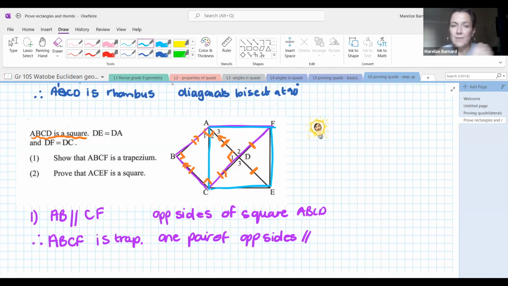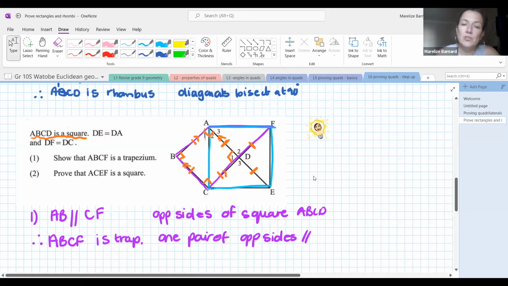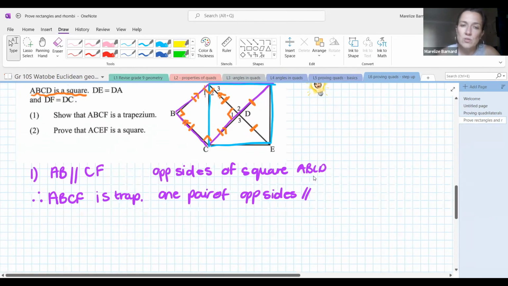That is why. So from our square ABCD, we could say that D1 was 90 degrees. And then from the given information, we can say that AD is equal to DE and CD is equal to DF. So they don't only bisect at 90, but they're also equal.